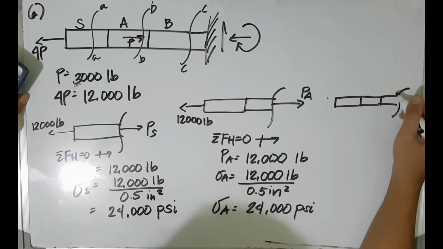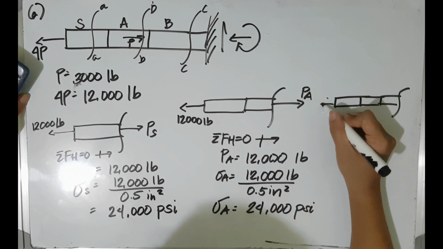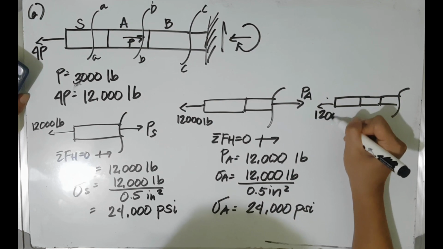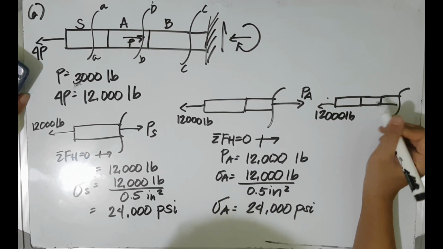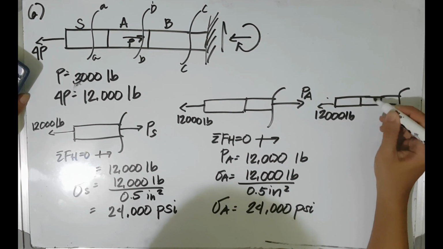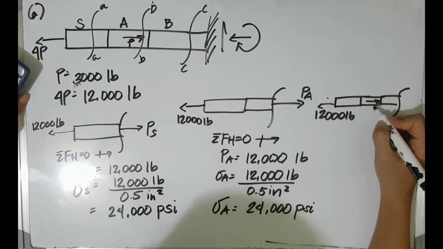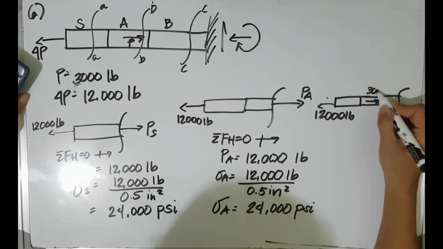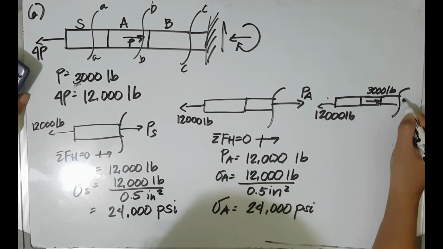And then for the last part, the bronze section, same procedure also. It has an external load of 3,000 pounds acting on the aluminum section.